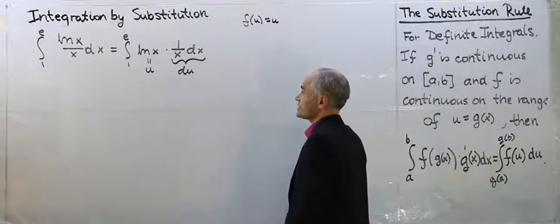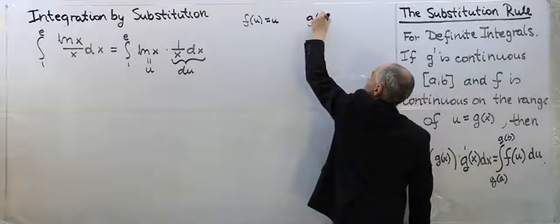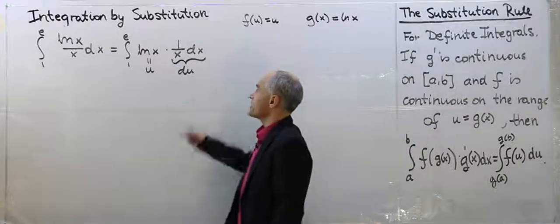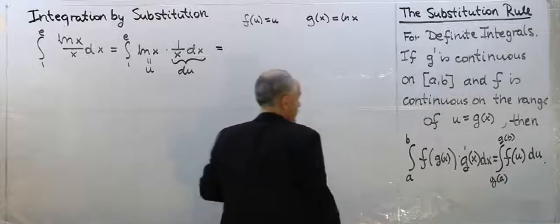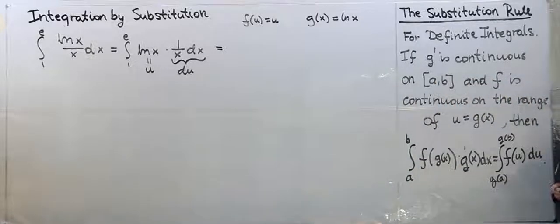And then g of x is equal to ln of x. Okay, so let's apply our formula here.